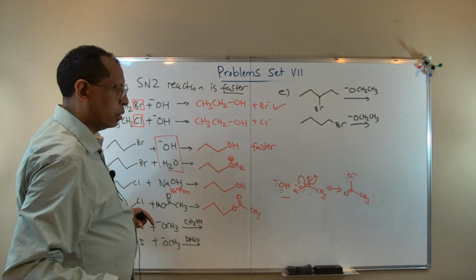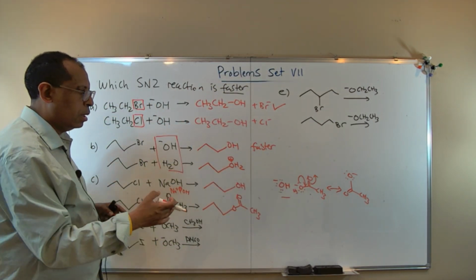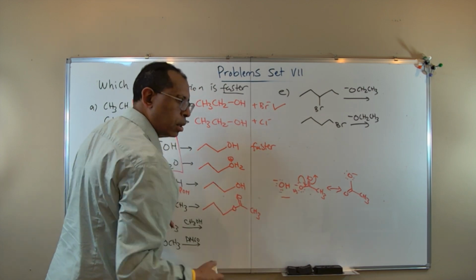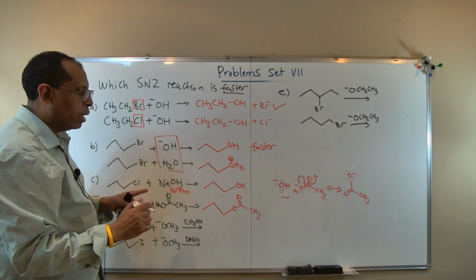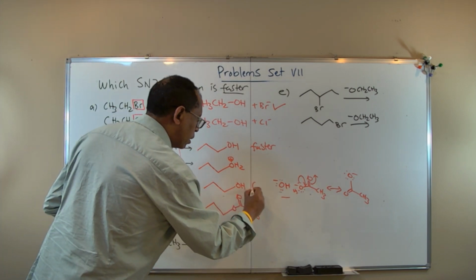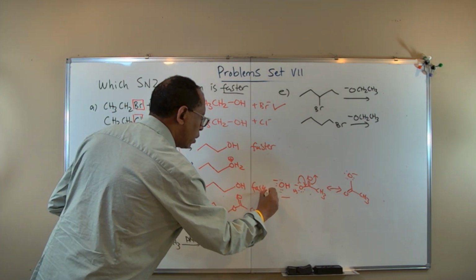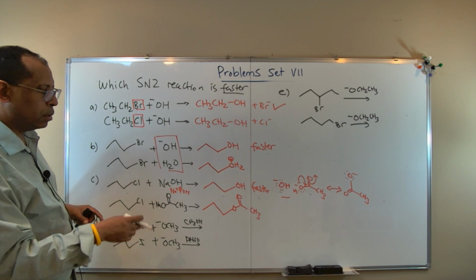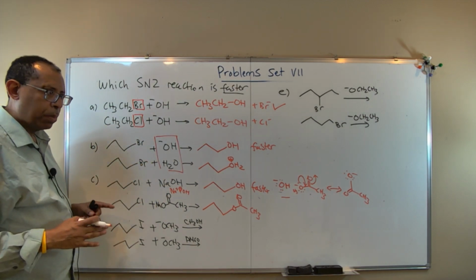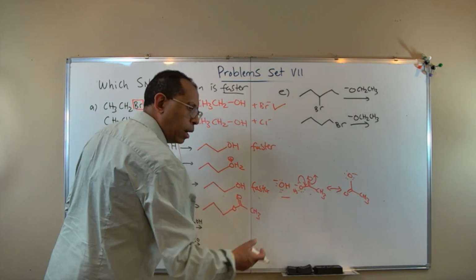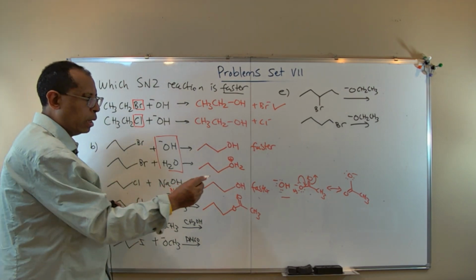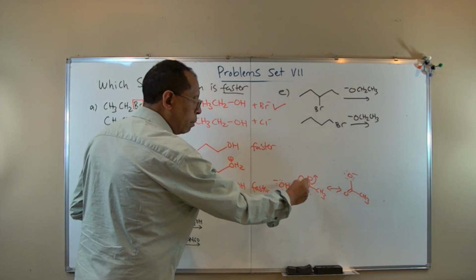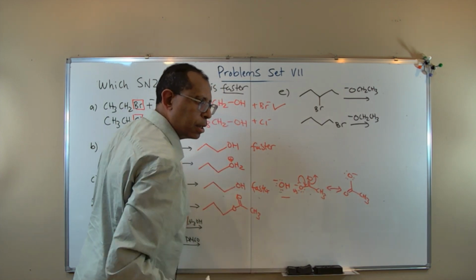So that resonance stabilization makes this charge not available to do the substitution reaction. Hence, this is the faster reaction, because OH is a very strong base than the acetate anion. The acetate anion is less basic because the electrons are not available, because they are resonance stabilized.